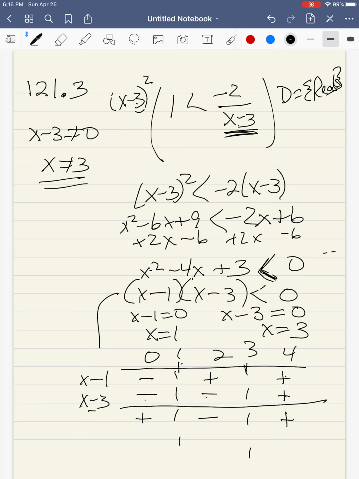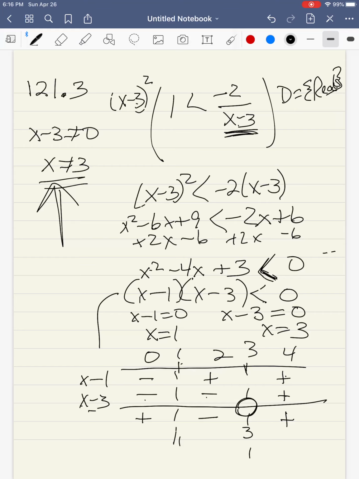All right, so what should I do next on that number line? Domain is real, so open and closed dots are okay with lines and arrows. But don't forget about this guy right here. x cannot be equal to 3. So I'm going to put an open dot on 3 so I don't forget.